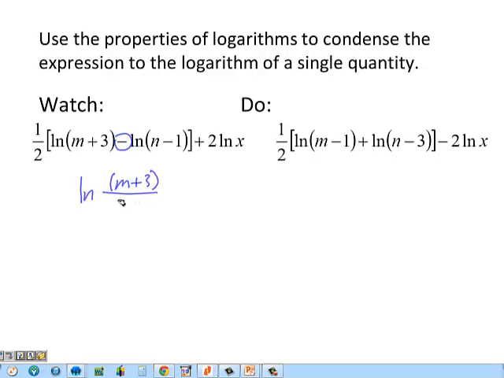This is going to be division. Okay, and then this 1/2 is an exponent on this whole thing, right? That's what the parentheses is for. So that'll just be the square root. That's what the half exponent means.